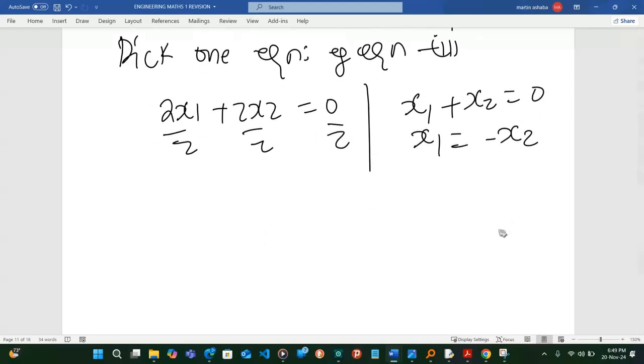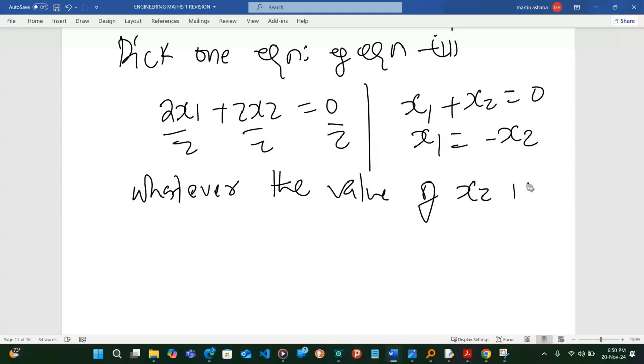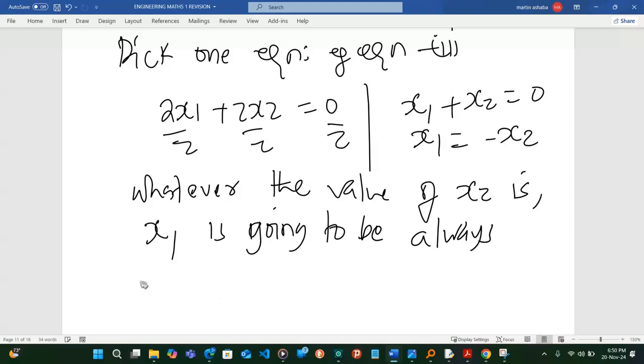It means that x1 is always going to be negative 1 times x2. Whatever the value of x2 is, x1 is always going to be negative 1 times greater.